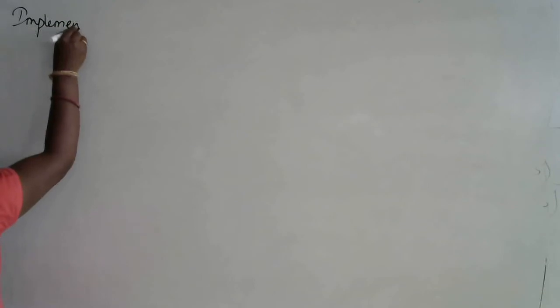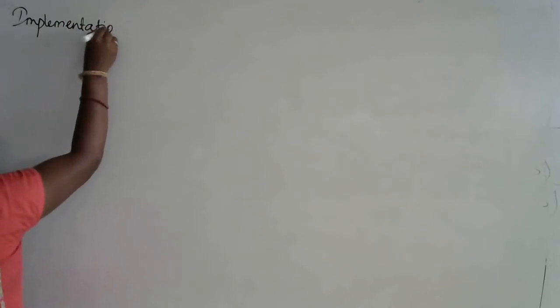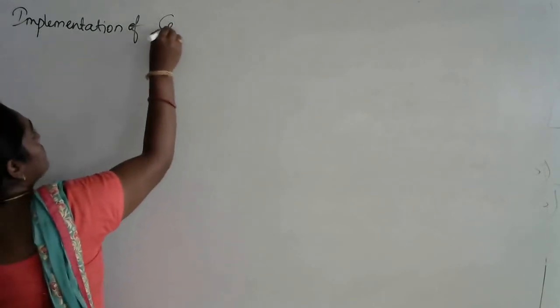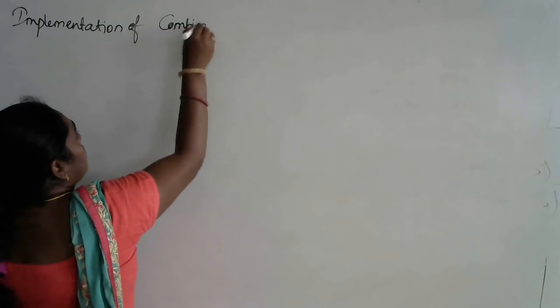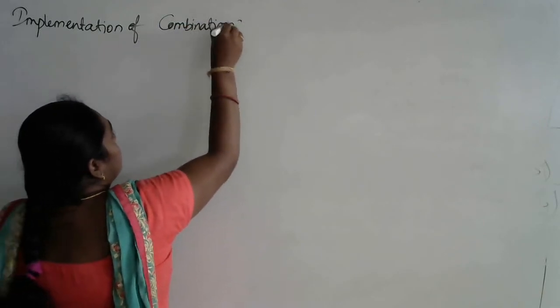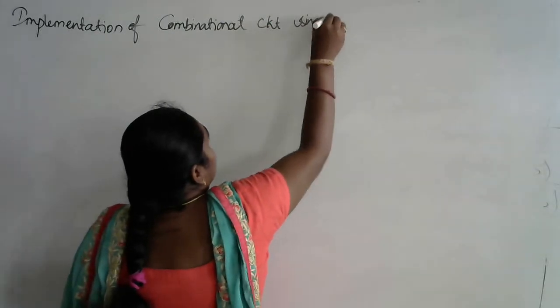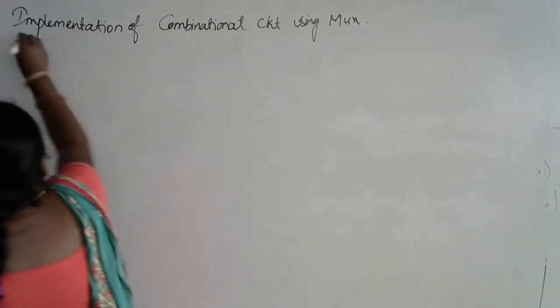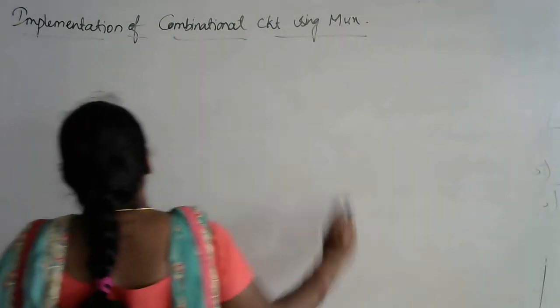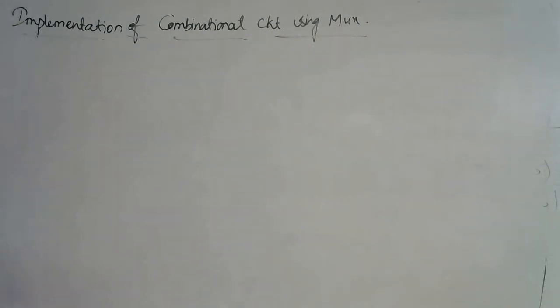So here the topic is implementation of Boolean expressions or combinational circuits. Implementation of a combinational circuit using multiplexer. Now let me take a Boolean expression and see how to implement it.